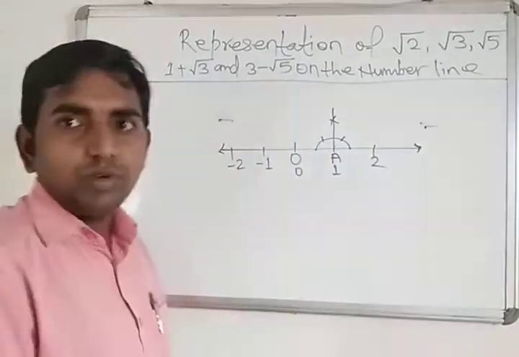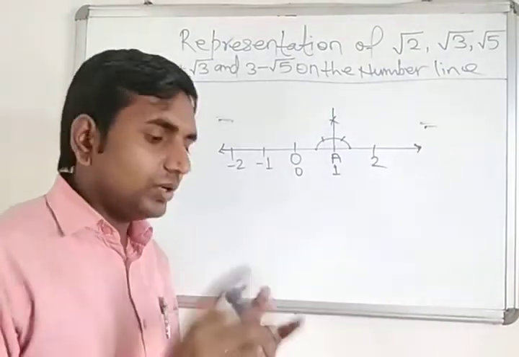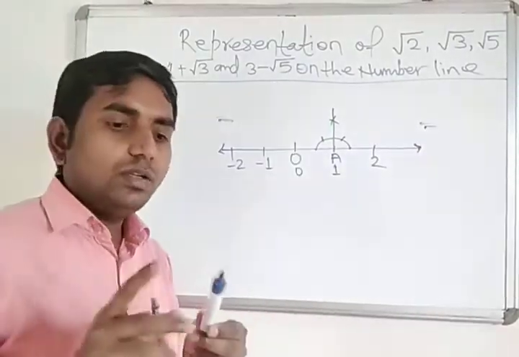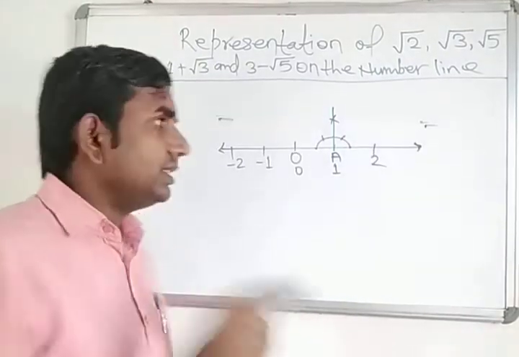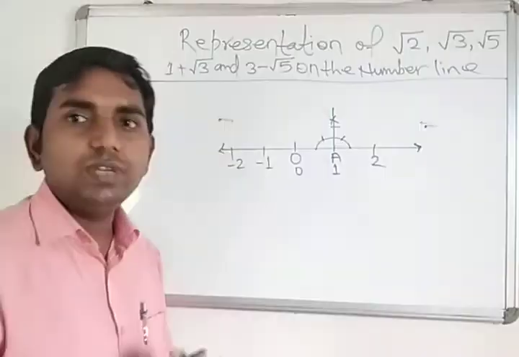Now we have a perpendicular, and we take 1 unit length with the ruler, keep it here and cut it, so it is equal to 1 unit length.